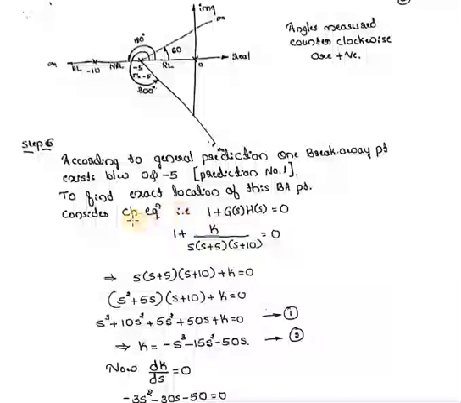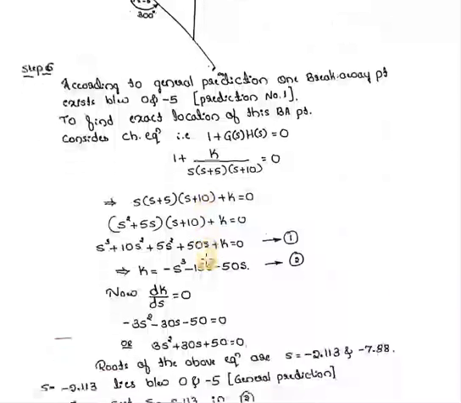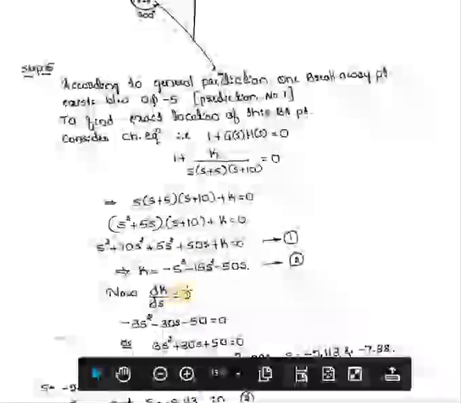For that you have to consider the characteristic equation, that is 1 plus g of s into h of s equal to 0. So 1 plus k divided by s into (s plus 5) into (s plus 10) equal to 0. If you simplify this to get the equation for k, k equals minus s cube minus 15s square minus 50s. Now differentiate this equation with respect to s and equate it to 0, that is dk by ds equal to 0.